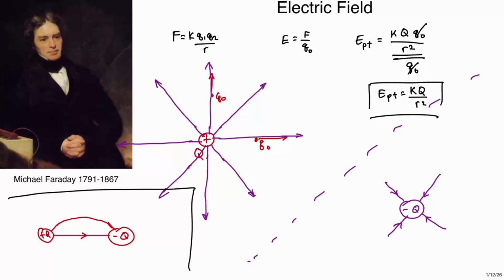Electric field lines are not allowed to cross each other in space. They can't tangle, they can't intersect, they can't cross each other. So if I had a field line coming off down here, would I draw it going like this? No, because they cannot cross each other.